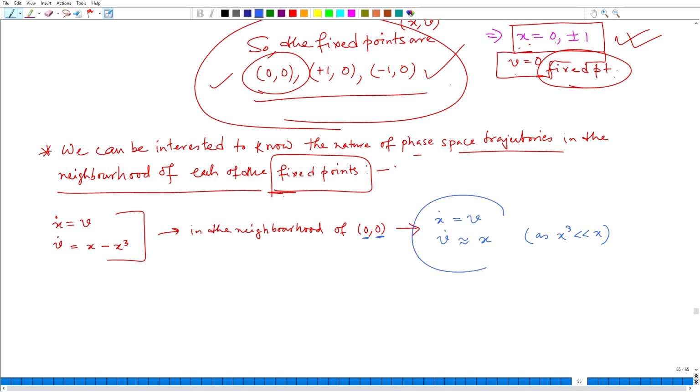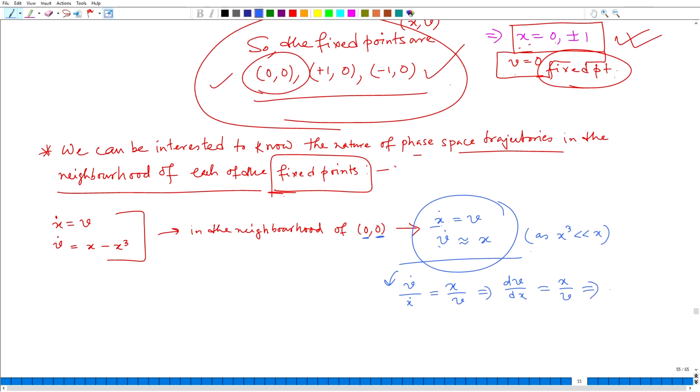If you write that, so what is this? You can simply say, okay, then I can divide this by this one, and I will have v dot by x dot, which is nothing but x by v, and this is dv dx finally, because dv dt by dx dt is dv dx is equal to x by v.